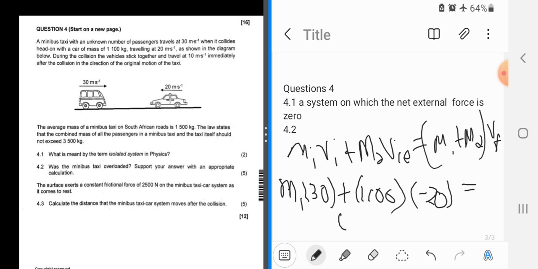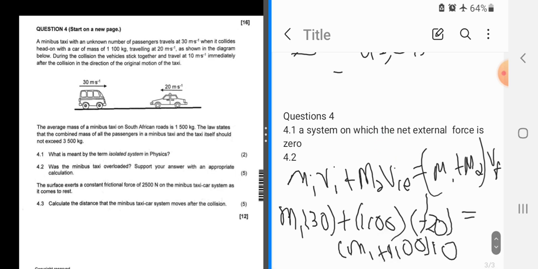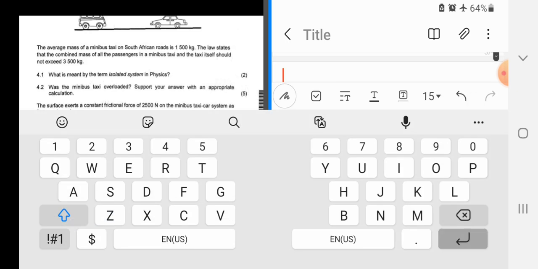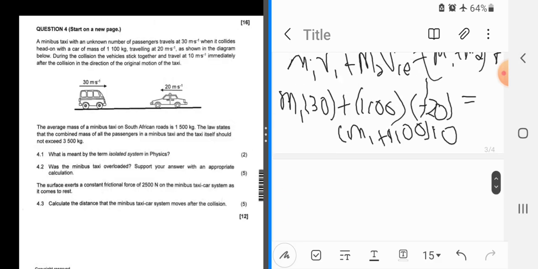The mass of the taxi is m1, we are not given it, plus 1,100, and then we times it by 10. After the collision they stick together and travel at a final velocity of 10 meters per second. That is why we have it like that.